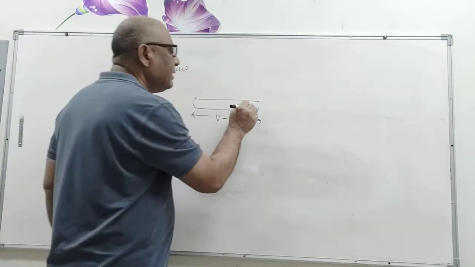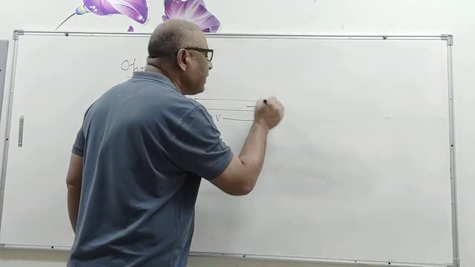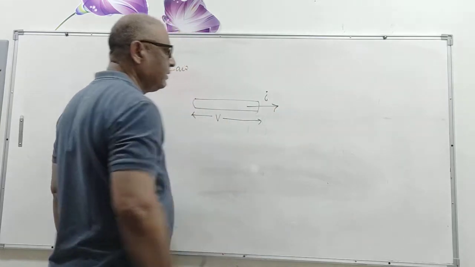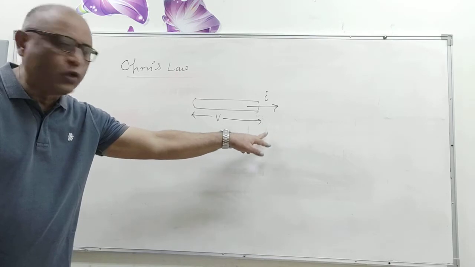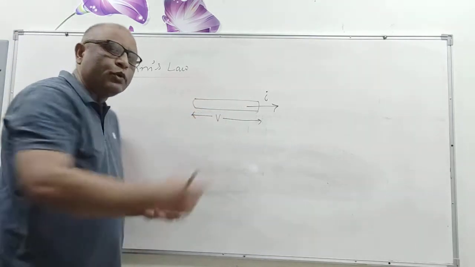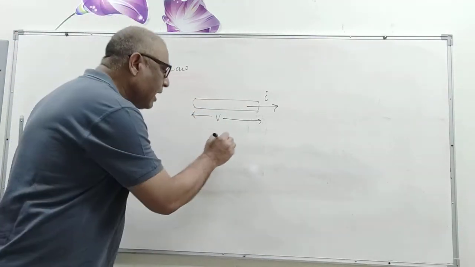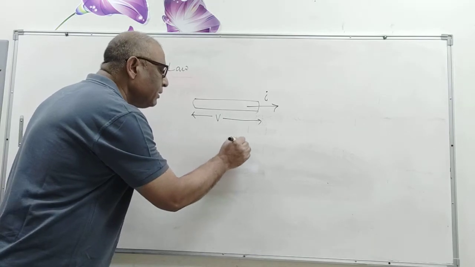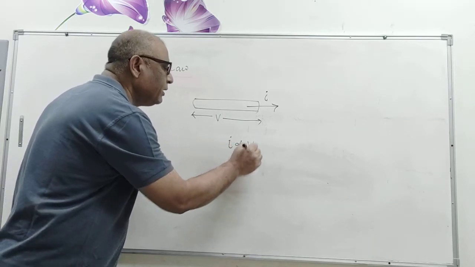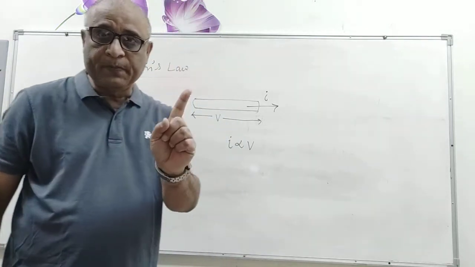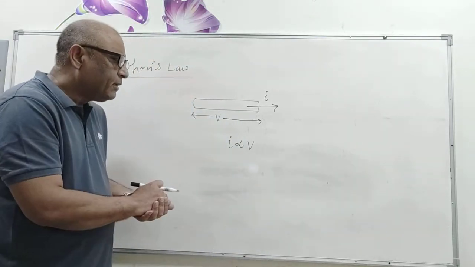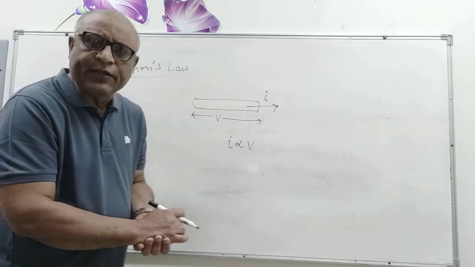Suppose this is the direction of flow of current, this is I. Then according to Ohm's law, the current I is directly proportional to V. It is a direct relation.